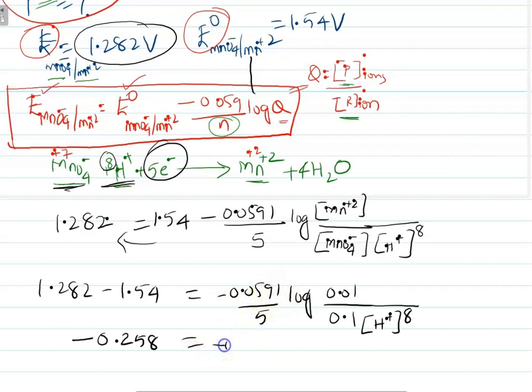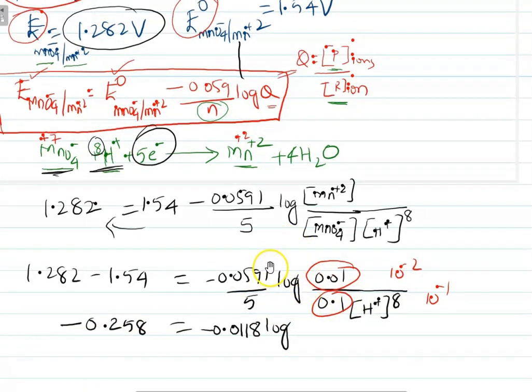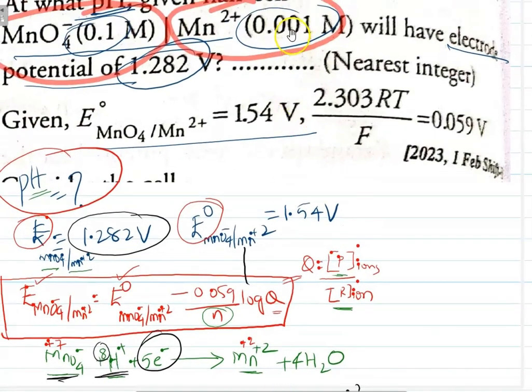That is equal to minus, dividing 0.0591 by 5, 0.0118 log. 0.01 is written as 10 to the power of minus 2, and here it is 10 to the power of minus 1. But let me check it once. It is given as 0.001.